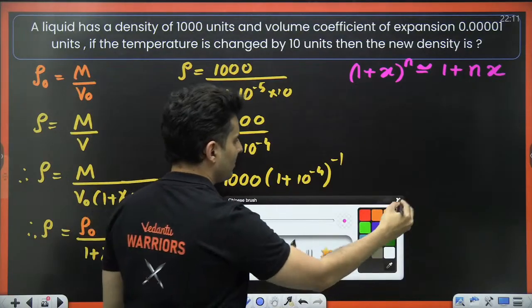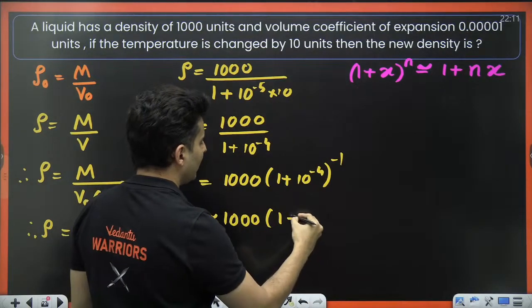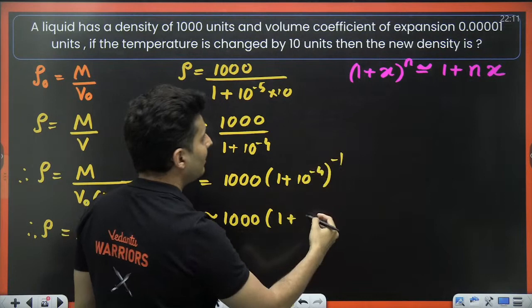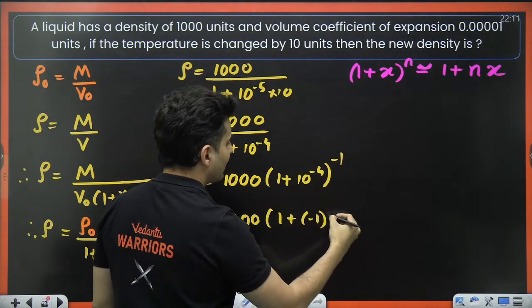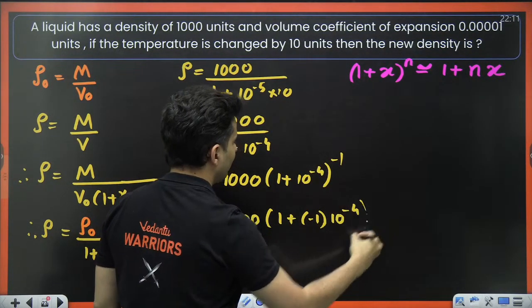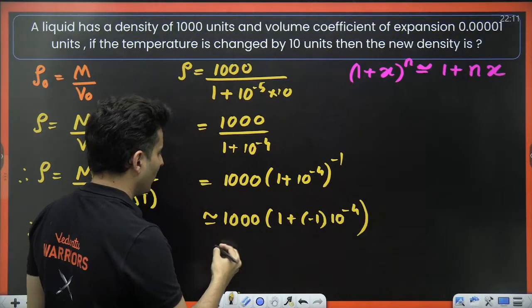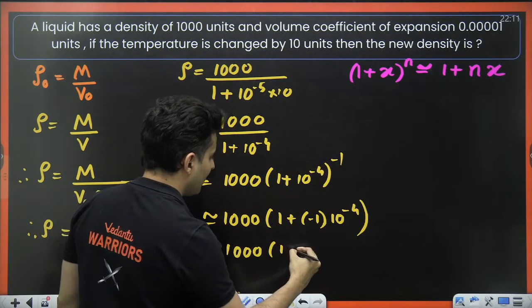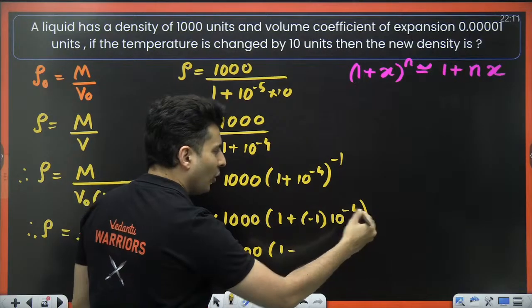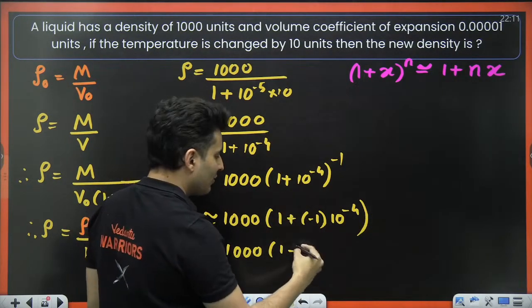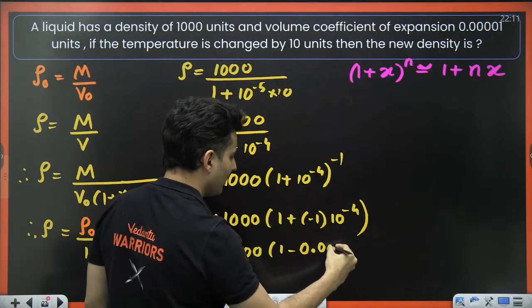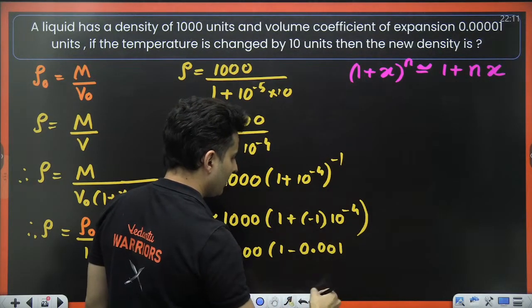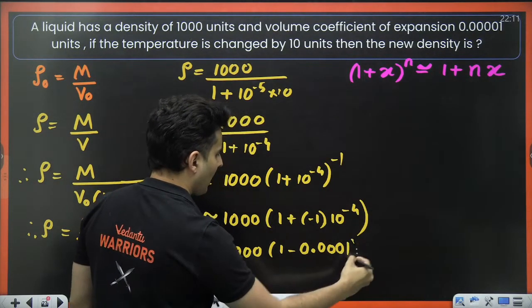So what will happen? This will be approximately 1 plus n x. N is minus 1. X is 10 to the power minus 4. So this will be 1000 times 1 minus 10 to the power minus 4. So I'll have to put 3 zeros over here and then 1.